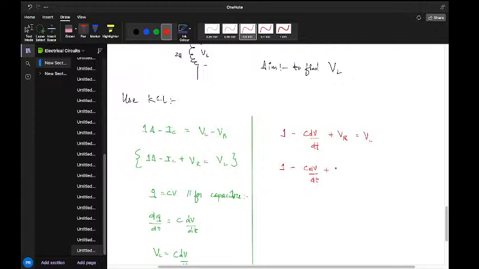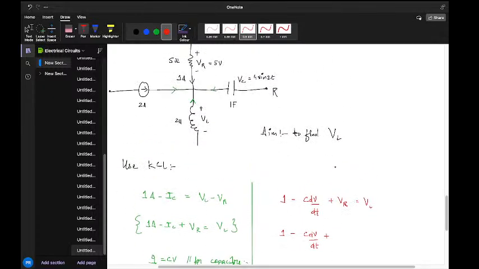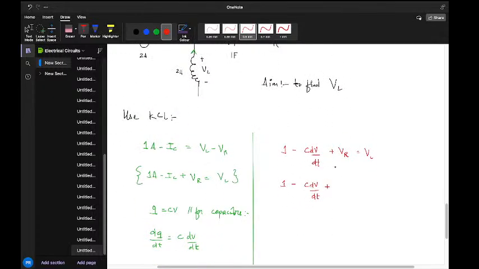The current I out here is 1 ampere, and the resistance is 5 ohms. Okay, so we are interested in finding the current out here, guys.